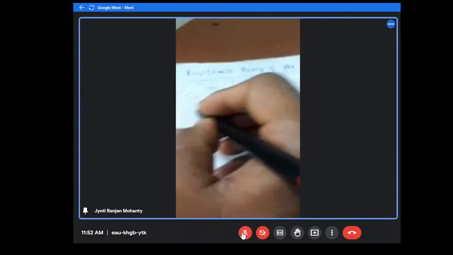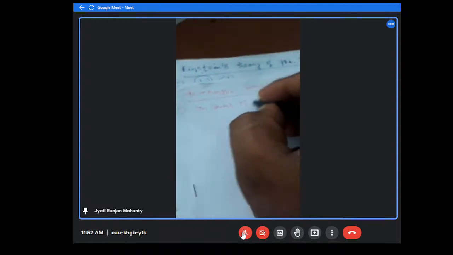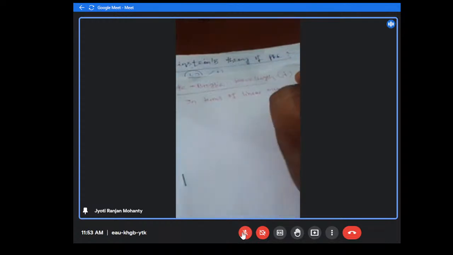Number one, in terms of linear momentum. What is the linear momentum symbol? Linear momentum means p.